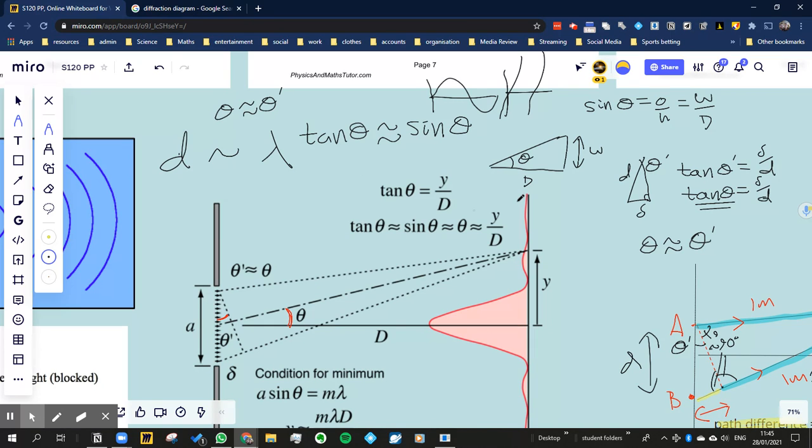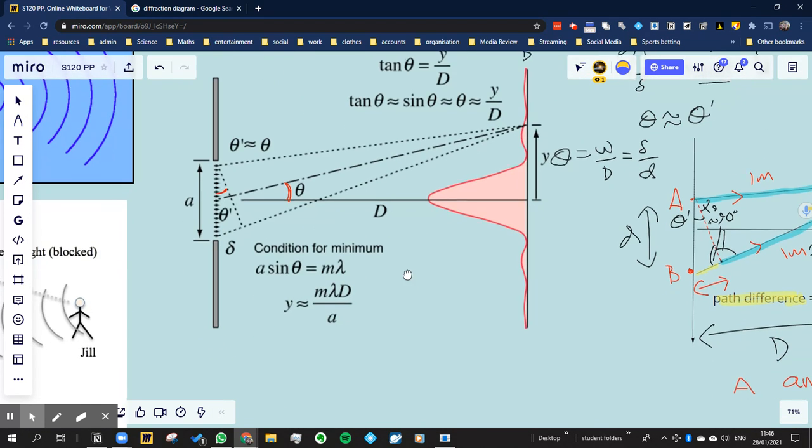So you can actually say that theta rather than sine theta is equal to W over D. They said Y, we said W, but that's also equal to the path difference over D. So you end up with that situation there.